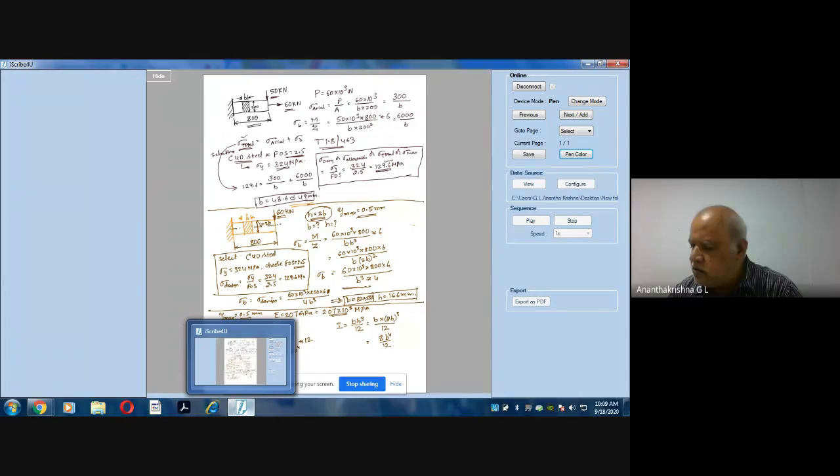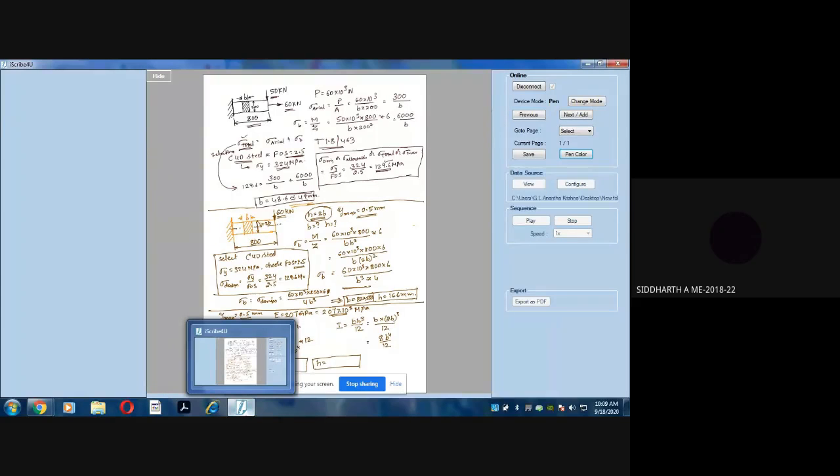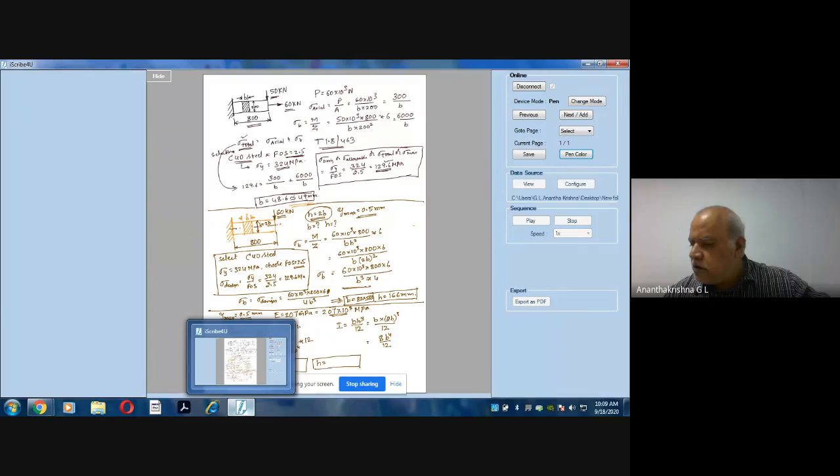Yes, sir. Find out B and H with reference to deflection. This is given by table 1.4, page number 15. Y max is equal to FL cube by 3EI. Y max is given in the problem as 0.5.